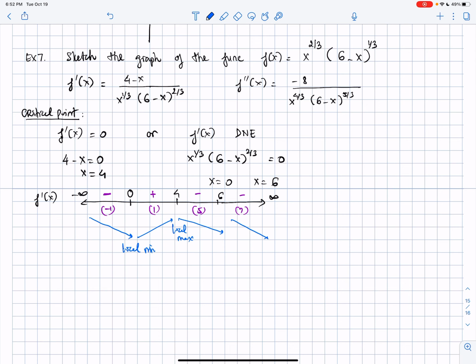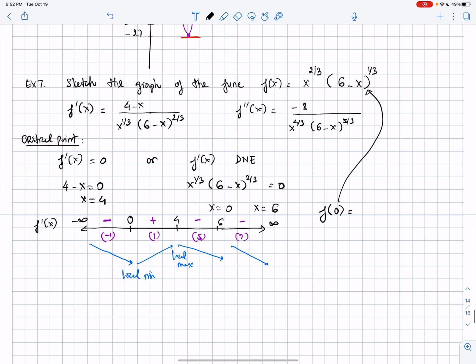So in order to find the points for the local min and local max, we plug into the original function. f of 0: we put 0 into this one, and we get 0. We plug in 4, and we get 2 to the 5/3.